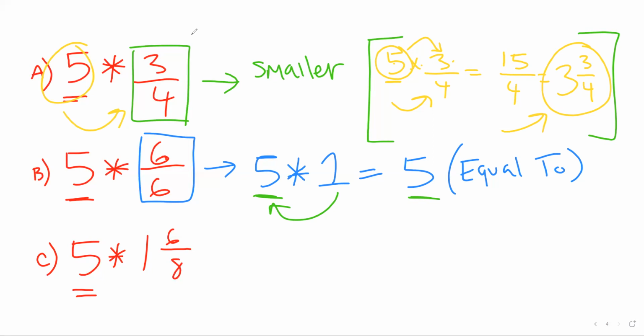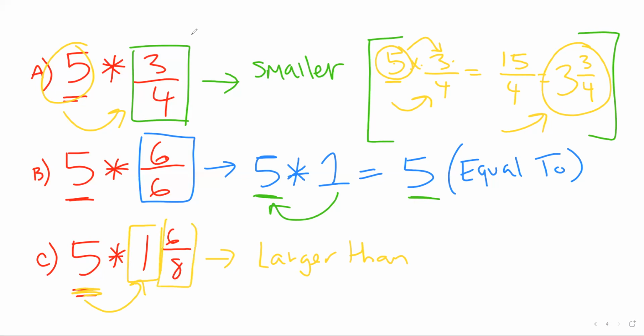Okay, so now let's do the last one here and think about what we have here. Well, this is a mixed number, and a mixed number is larger than 1. So if I'm going to multiply 5 times 1 and 6/8, I'm actually going to get a product that is larger than 5. It is larger than 5 because, again, this would be 5, right?